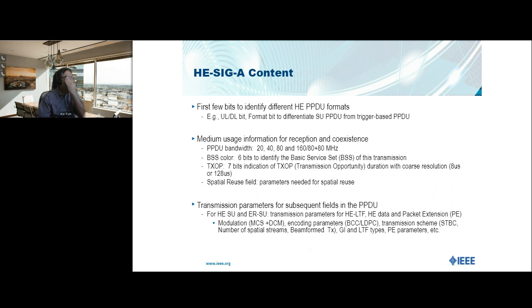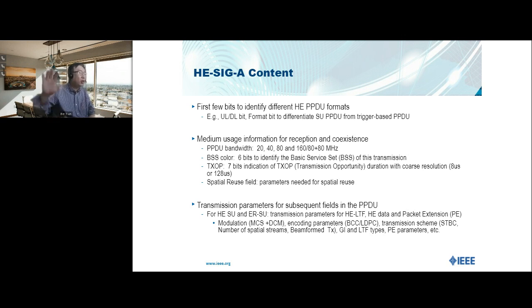So let's move to the HE-SIG-A content. HE-SIG-A is one of the most important fields in the signaling field, because L-SIG just tells you how long this packet is. Starting from the SIG-A field, it really gets into what all the information is needed for the data portion. If you break down the HE-SIG-A content, by the way, you can always go to the specs.